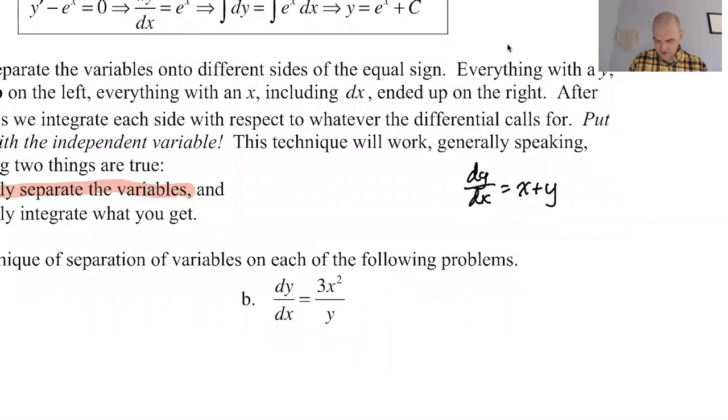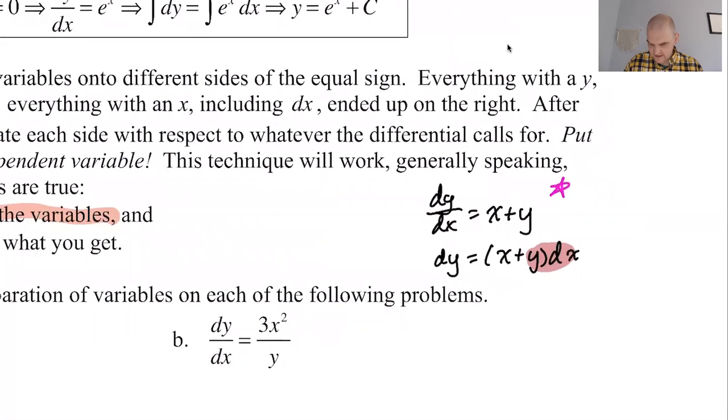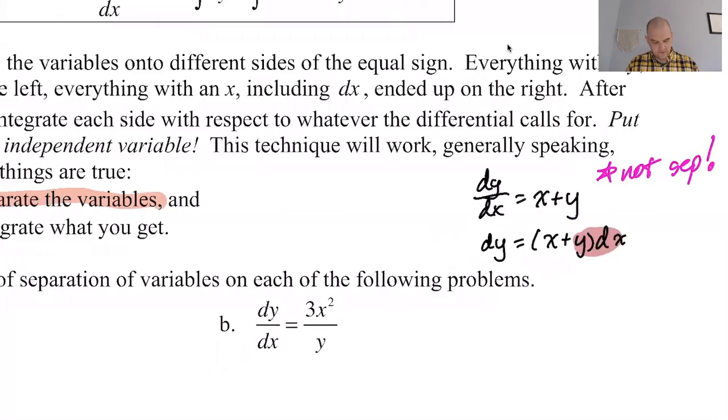So you might try to do something like dy equals, but remember it's parentheses here, the quantity x plus y, dx. The problem that you face is this right here: you have y times dx. You have to separate them and you can't. So this is not separable, and not all of them are, but a lot. Sometimes they don't look separable, but they are. This is not separable, and so we wouldn't be able to use this technique on it, but the ones that are here, you will be able to.